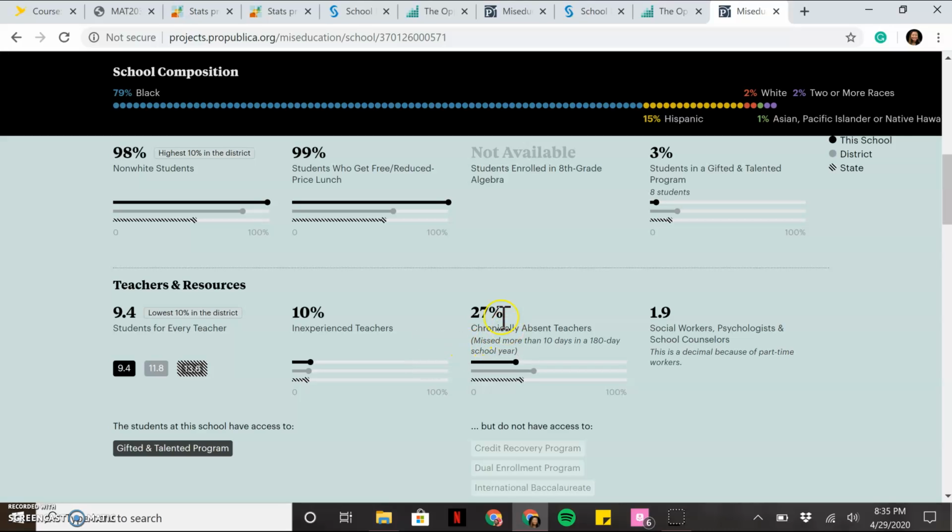And then this one here, only 27%, which is still kind of high, but you can see here that it's 10% lower than the other school of chronically absent teachers per school year, which is interesting.